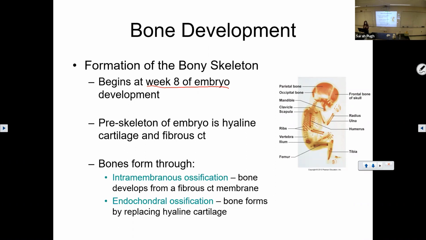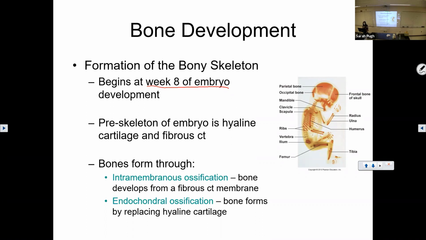The day that a woman misses her period, she is considered week 4 in terms of pregnancy. So the day you miss a period, you are 4 weeks pregnant. So week 8 would just be 4 weeks after that, okay? So around week 8 is when the bones start to form.